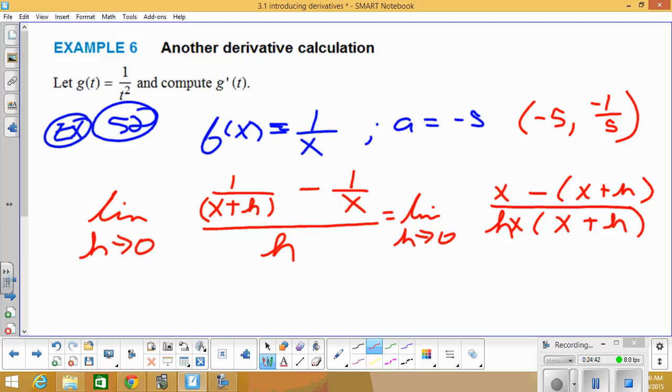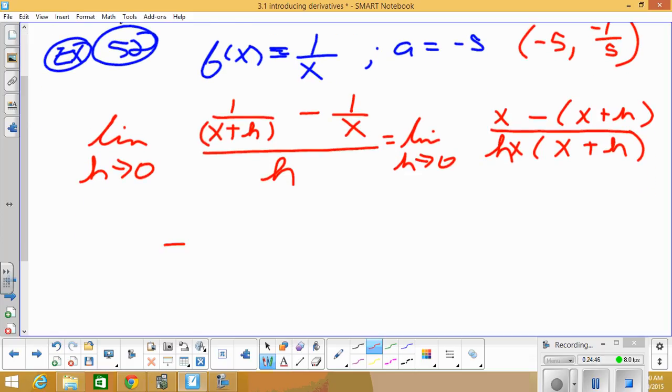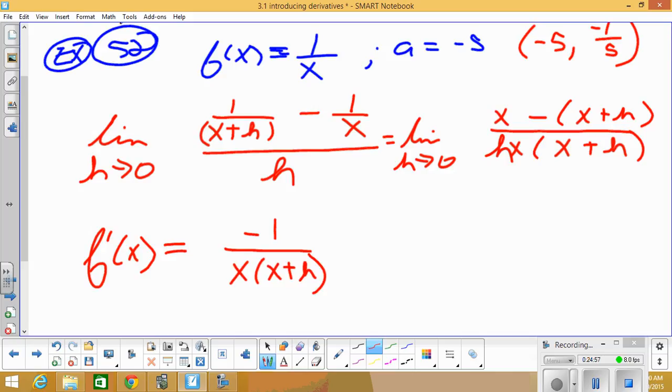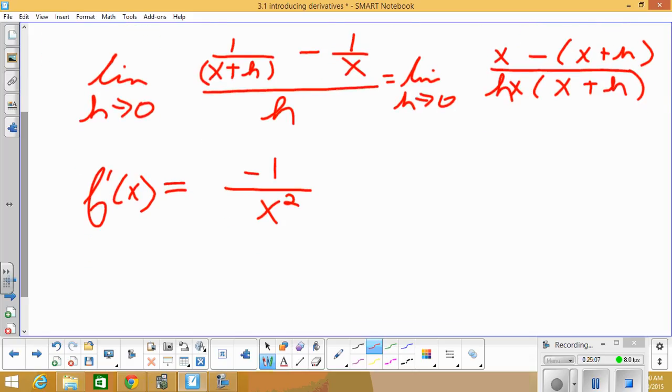And this is the one that I want to go ahead and simplify. Long story short, we should get this for our derivative. And plugging in 0 for h, we should get x squared. And then you're going to go ahead and find the equation of a line.